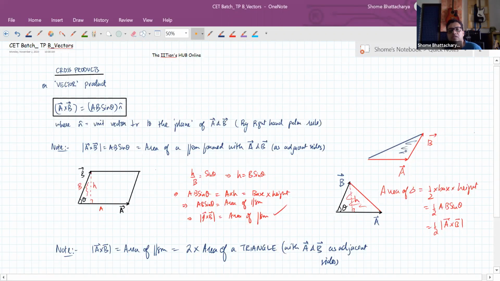You can see in both the cases, this triangle divides this parallelogram into two halves. If you use the first diagonal, the two halves are this and that one. And if you use the second diagonal, then it's the other one.